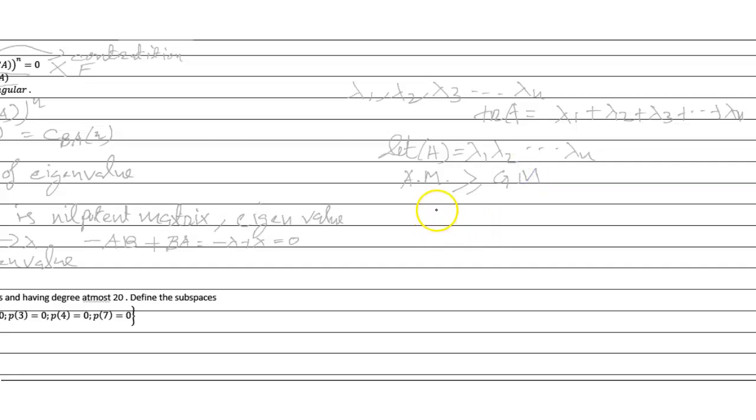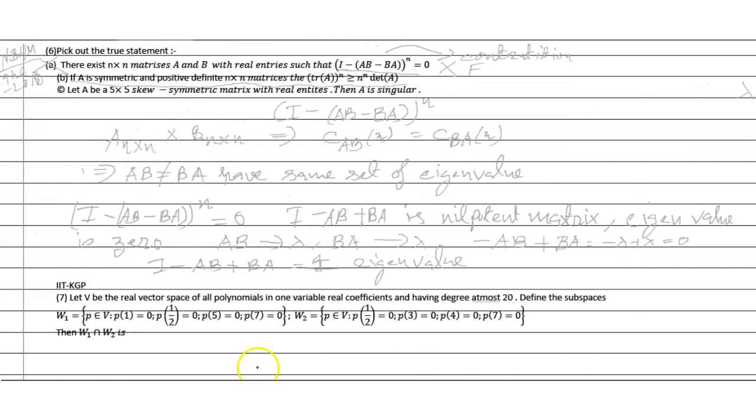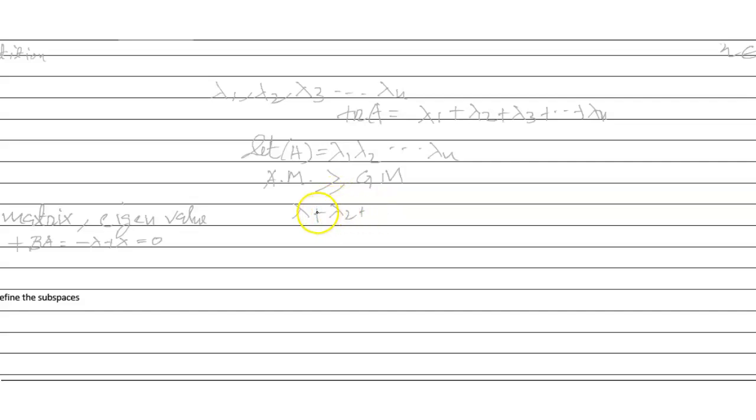So friends, this is a symmetric and positive definite matrix. Symmetric and positive definite means the eigenvalues are positive, and symmetric means real numbers. So lambda 1 plus lambda 2 plus up to lambda n, divided by n, is greater than or equal to the nth root of lambda 1 lambda 2 up to lambda n.